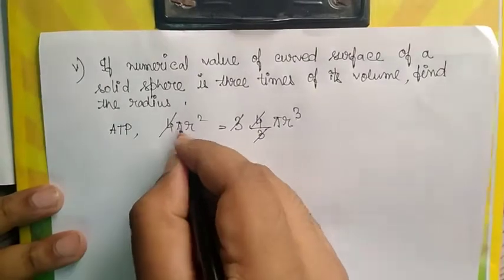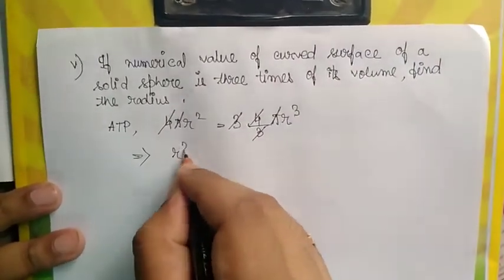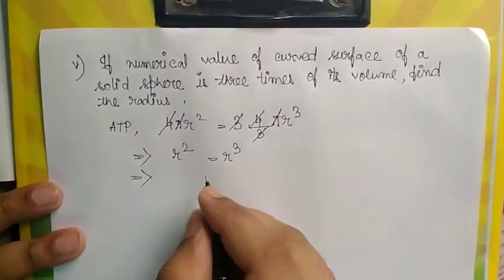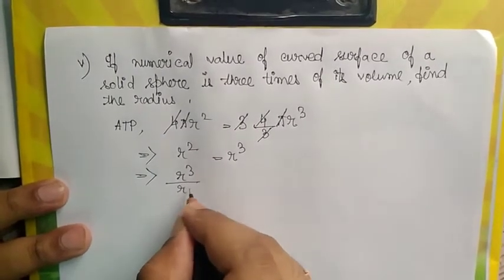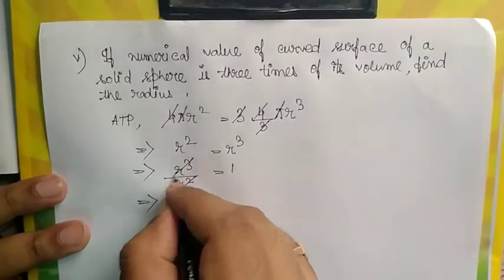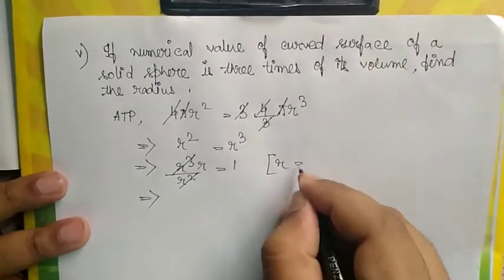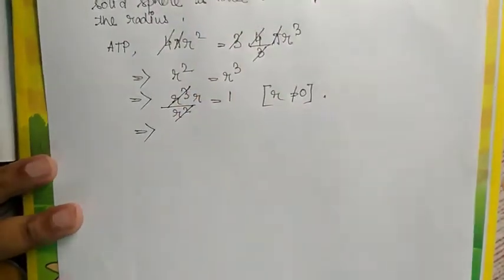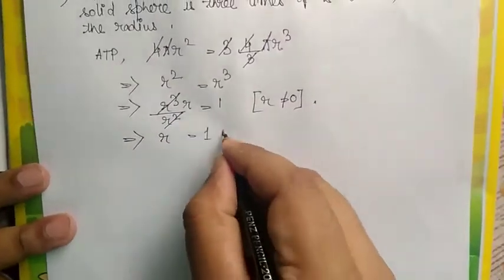After that eliminate 4 and 4, pi and pi. So r square by r cube equals 1. So after that we can write r cube minus r square equal to 1. Eliminate those. So r equal to 1. So the radius equals 1 unit.